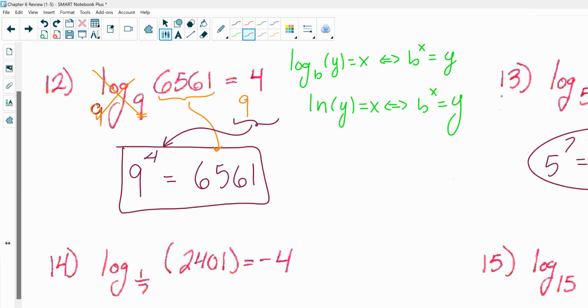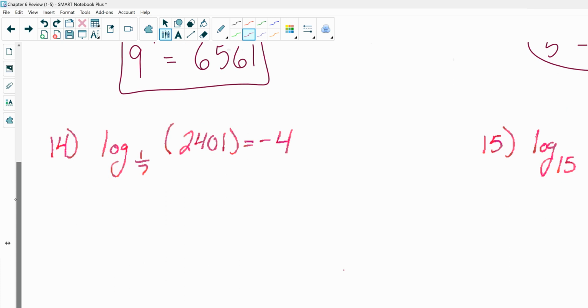I was wondering why I was going to put it's a fraction. They don't necessarily need it, but it's to signify that number and only that number's inside. Now for 14, it'd be what? 1/7 to the negative first power equals 241,401.